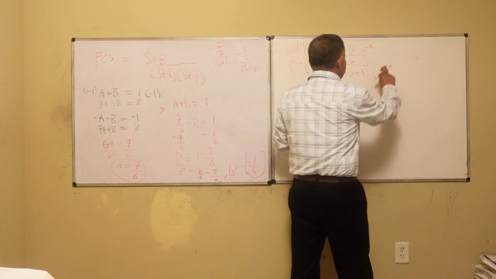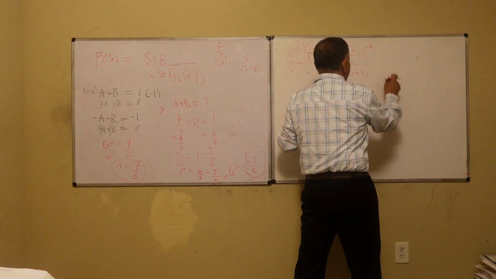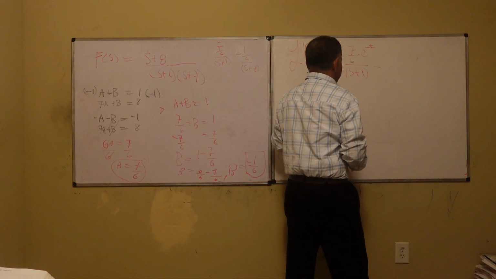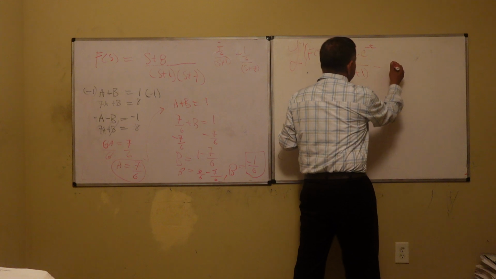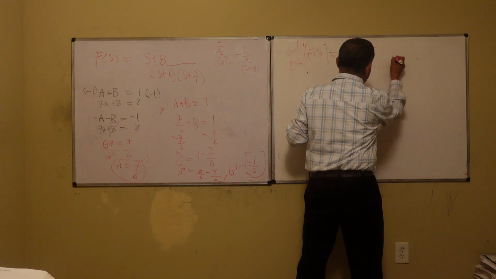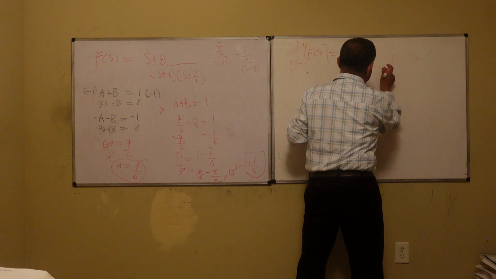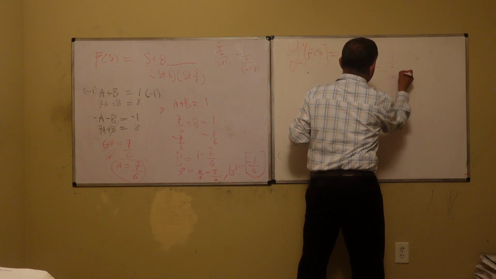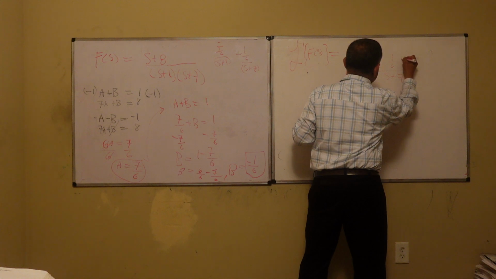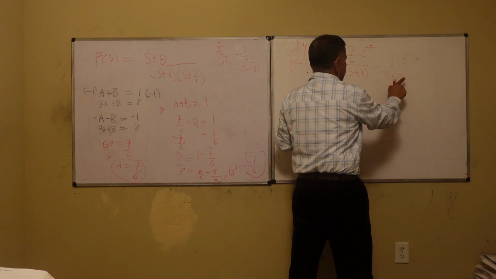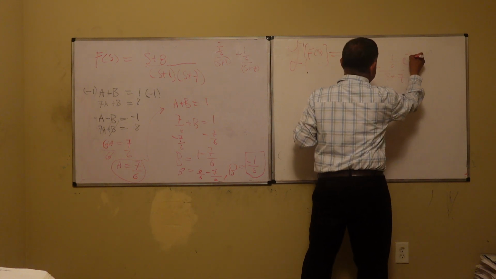So now let's do minus 1 over 6, over S plus 7, and then E to the minus 7T.